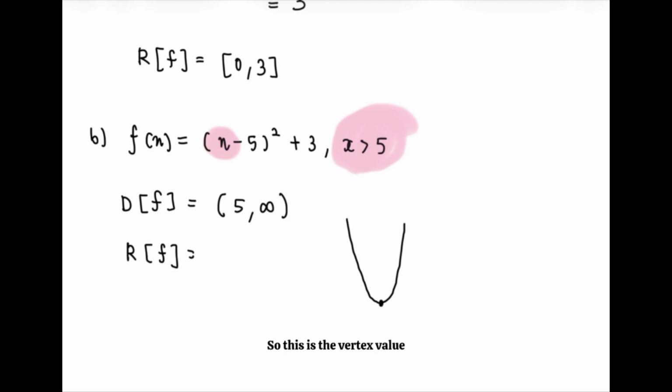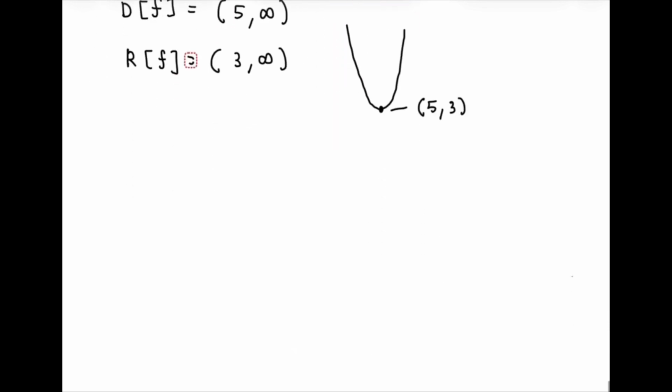So this is the vertex, which is when x is 5 and y is 3. But since we are given the restriction that x must be more than 5, then it should also be applied for y, or the range. y also needs to be more than 3. So that's why our range will be 3 to infinity, anything above 3. So y is more than 3.